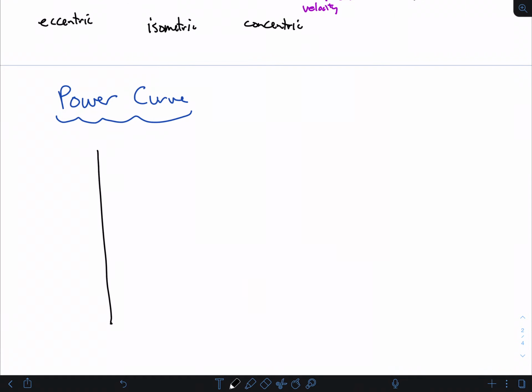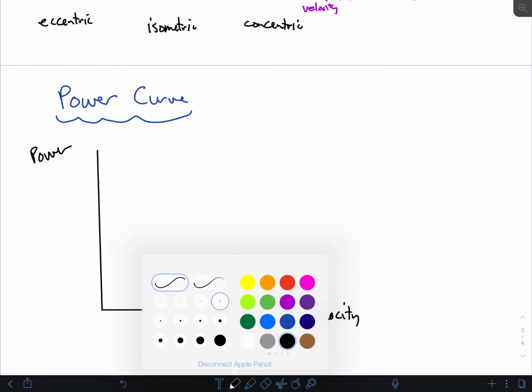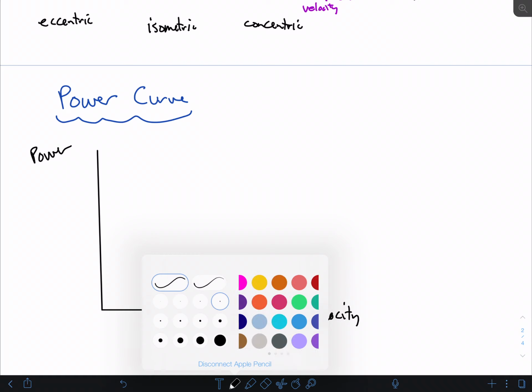So again, draw another little graph here. My apologies if the lines aren't straight. I'm trying to let my app do the work. So if we have now power on the y-axis and velocity on the x-axis, let's use something weird.